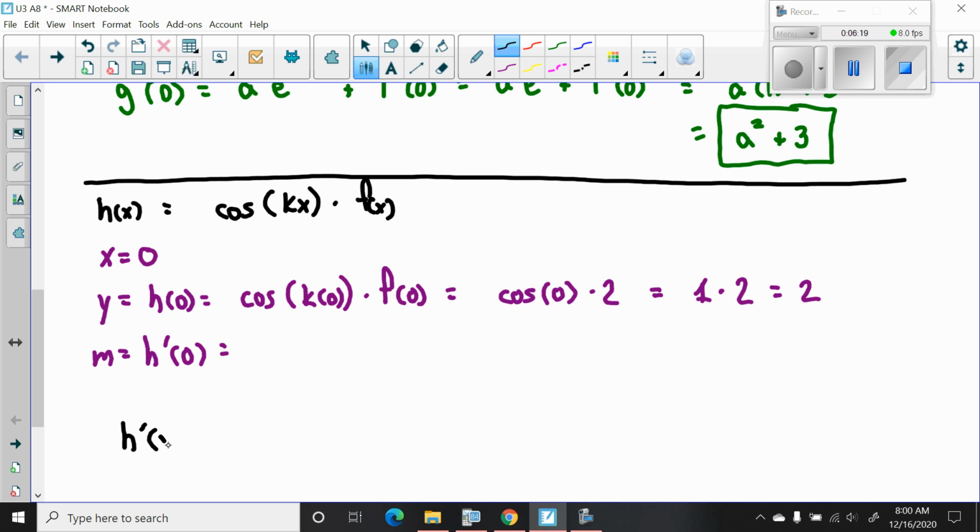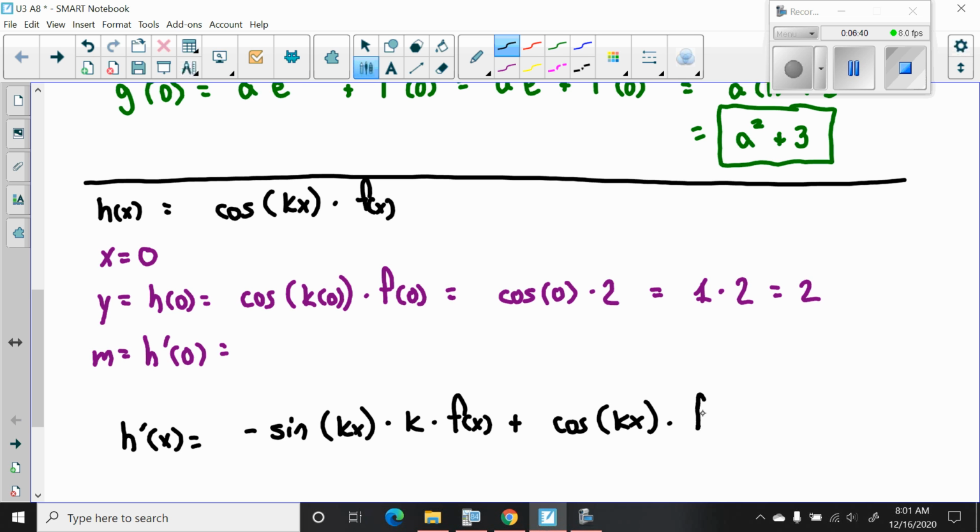So h prime of x is equal to the derivative of cosine, negative sine of kx, times the derivative of kx, which is k, times f of x the way that it is, plus cosine of kx stays the same, times the derivative of f of x. And I could put times 1 if we're doing the chain rule.